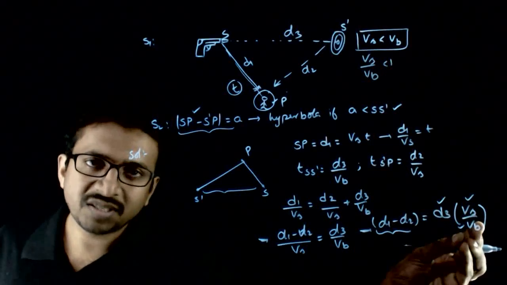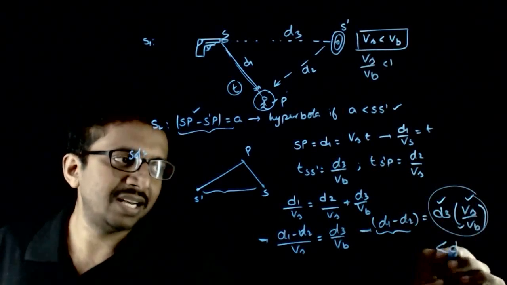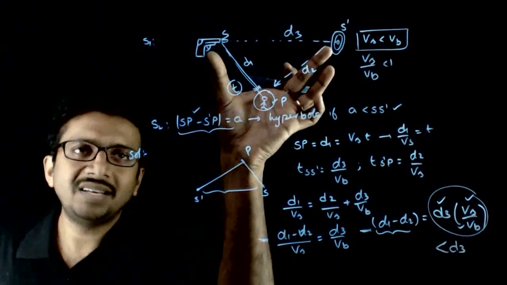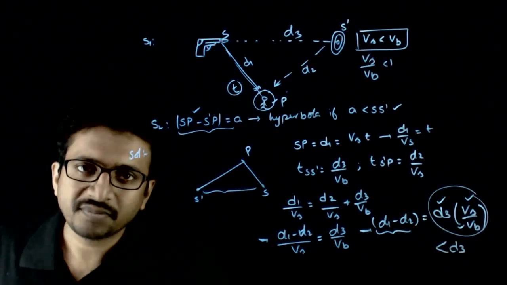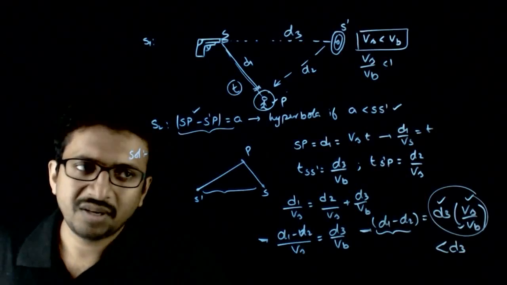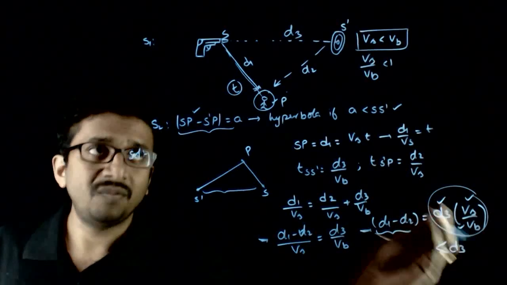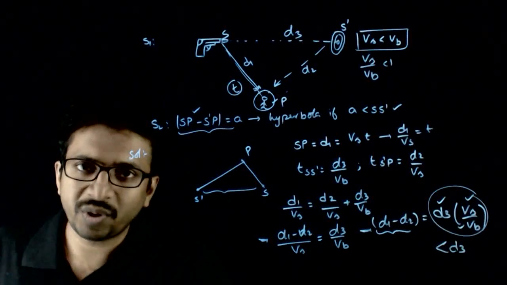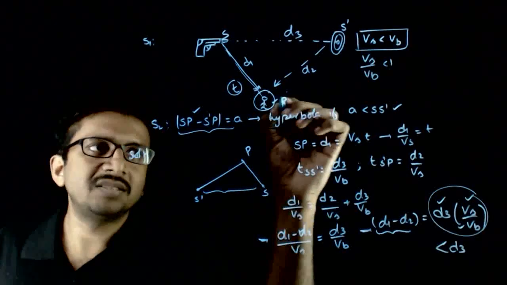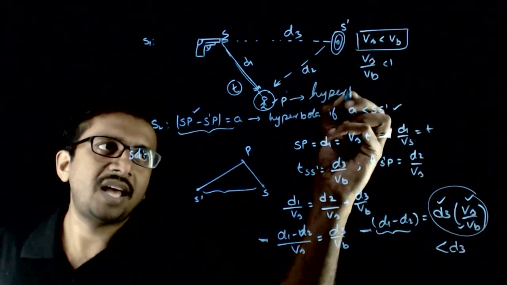So D3 into Vs by Vb is less than D3, that is, less than the distance between these two points. Hence, D1 minus D2 equal to a constant, which is less than the distance between the two given points, is a hyperbola. That means the locus of this observer is a hyperbola.